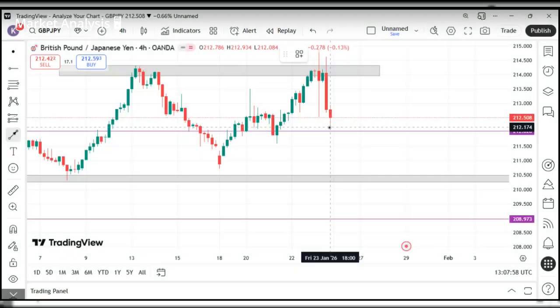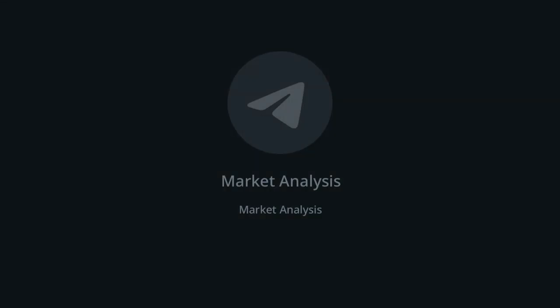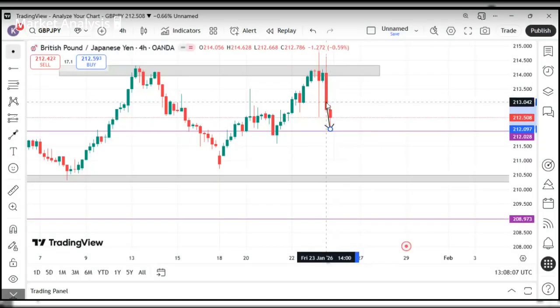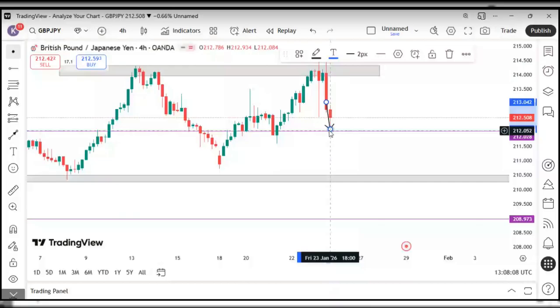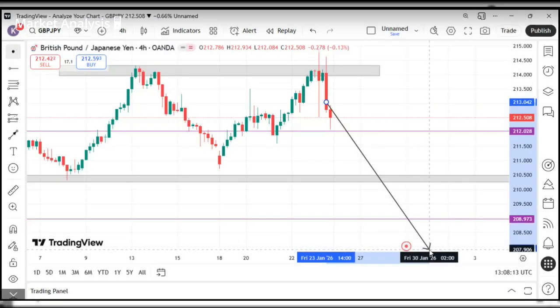Either it goes up here, then comes down, or it comes down to this level to test this area before shooting downside.